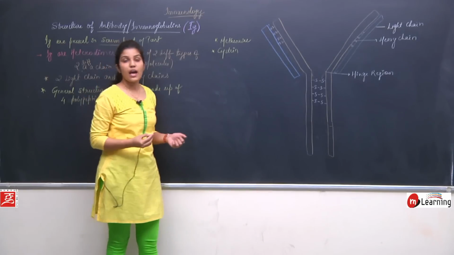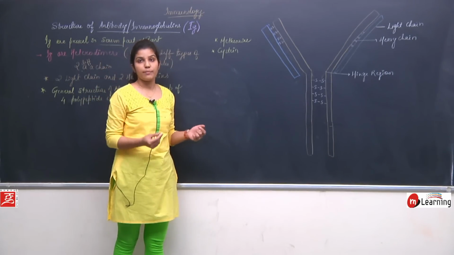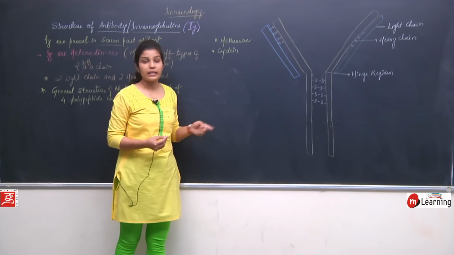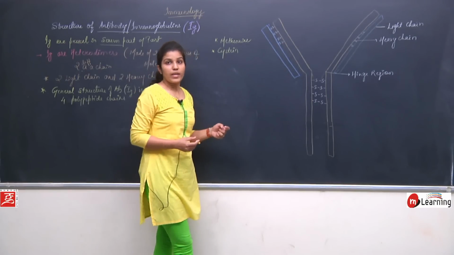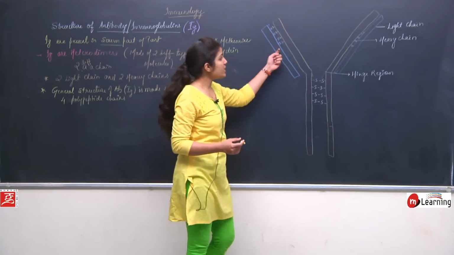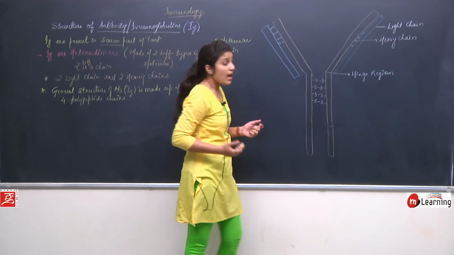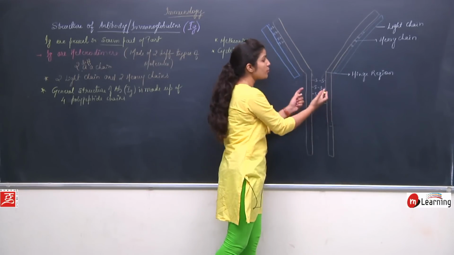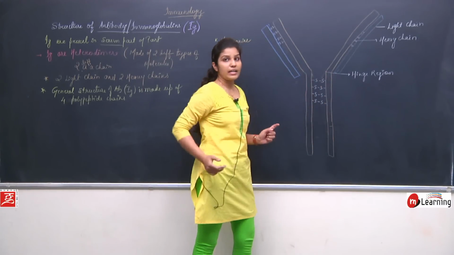Methionine and cysteine are 2 amino acids which have a sulfur group in them, and where these 2 amino acids are present, they will create the disulfide bond. This is why our light chain always remains intact with our heavy chain, and the portion below the hinge region also remains attached.